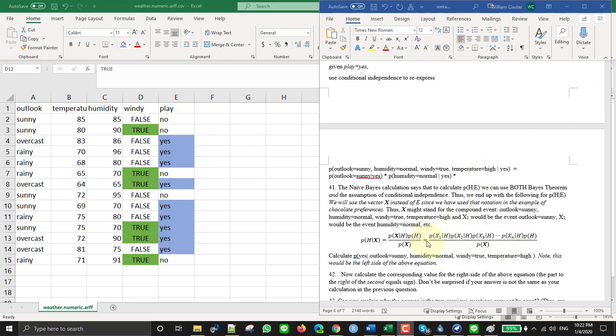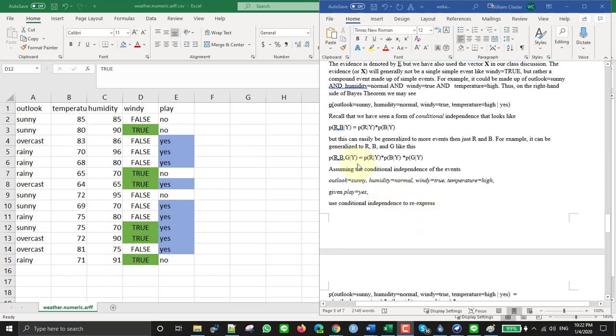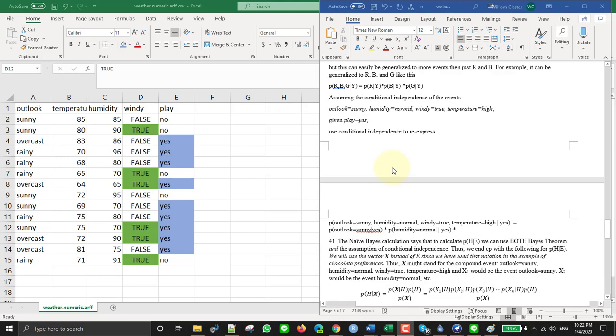Now, why is this a form of conditional independence? Up here, we said conditional independence looks like this: R, B, G given Y. I don't see that here. I just see X given H, not many things given H, just X given H. So it doesn't look like this has anything to do with conditional independence. Again, conditional independence is talking about the case where you have one thing, comma, another thing, given Y, and then it gives us an answer for that.